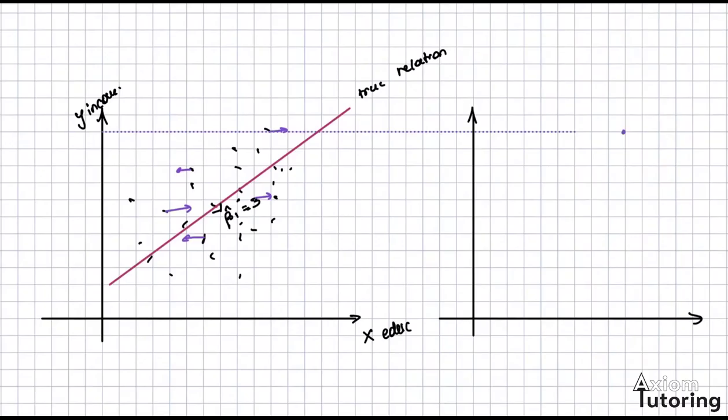Then I would have another line, let's say my Y value is right here. Maybe this particular value moved more to the right, so now it would be here, while the other values moved one here and one here. If I kept filling this up for the entire thing, this cloud would look more like here.